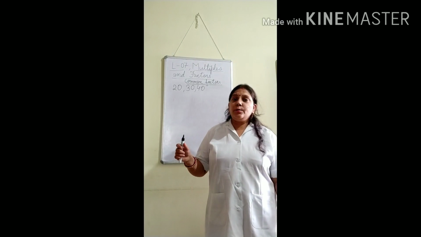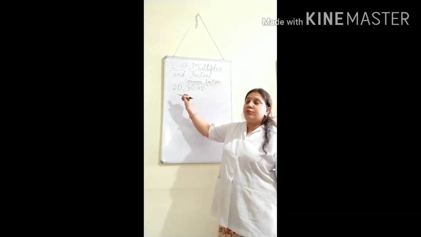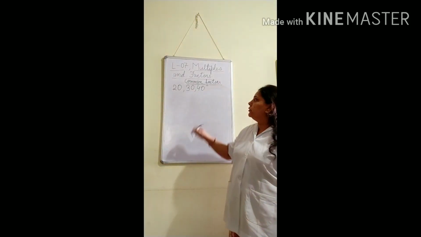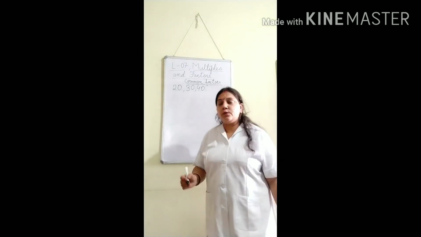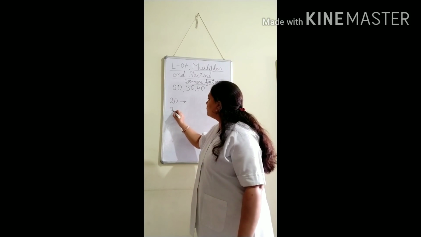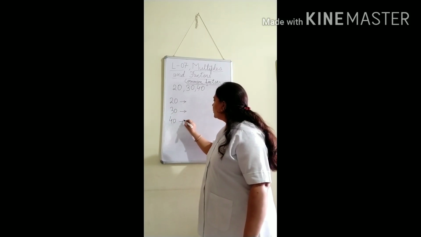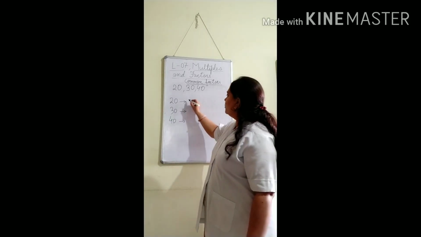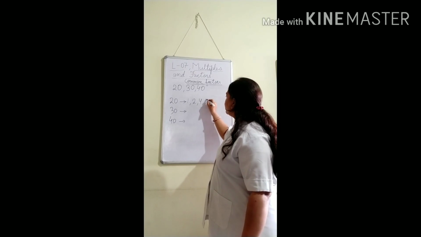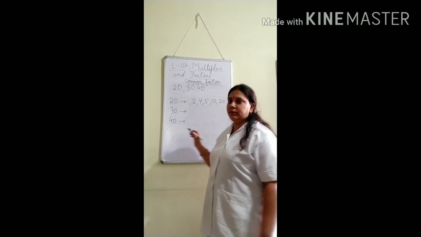Let us see one more example of common factors. We have taken three numbers here, 20, 30 and 40. Now we write the factors of them. Factors of 20 are 1, 2, 4, 5, 10 and 20.